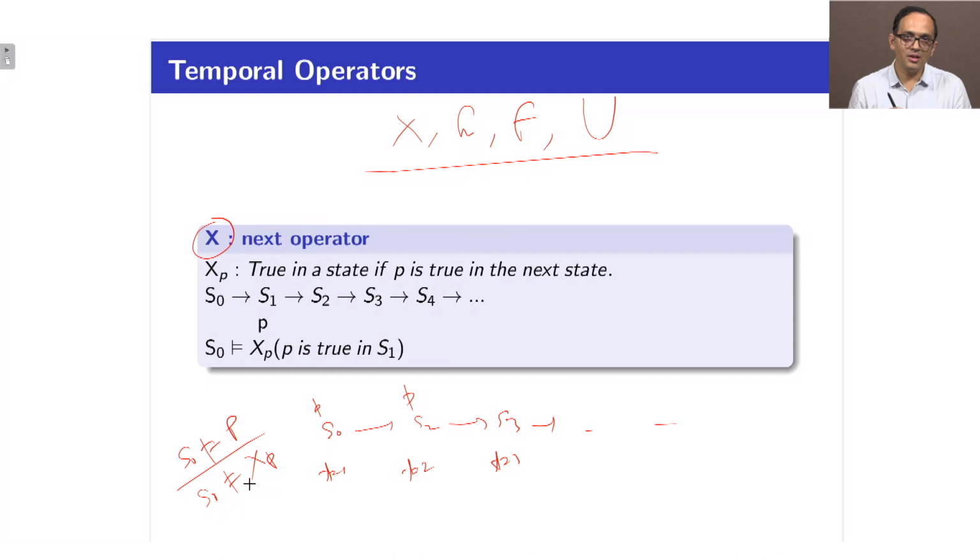It means p holds in the next state. So S0 satisfies next p if p holds in S1. If S0 satisfies p, p holds in S0, and S0 satisfies next p if p holds in the next state S1. Okay, it is very clear.